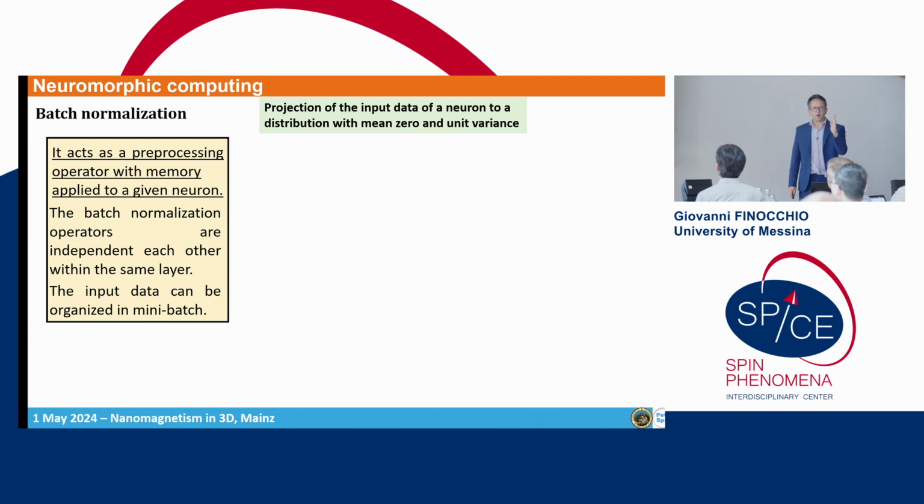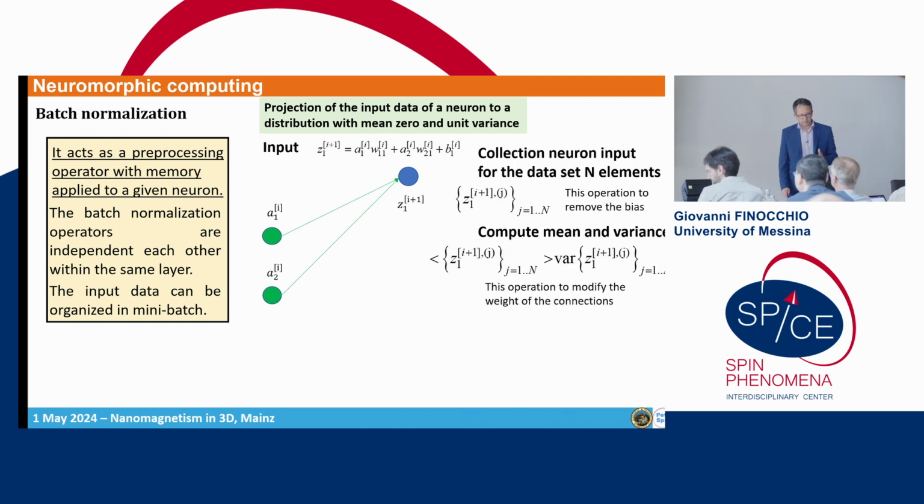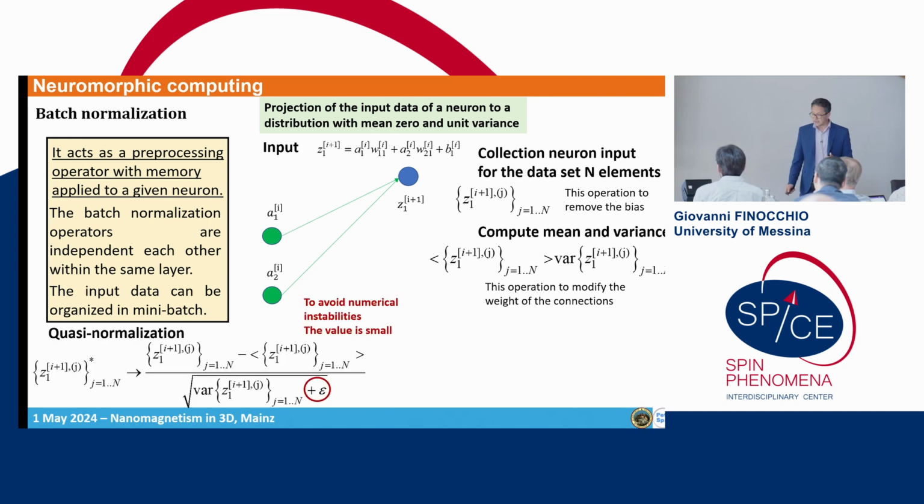Before your standard neuron, you have another neuron which collects all the inputs. So basically now you have a neuron with memory. And once you collect all the information, you calculate the average of all this information, and the variance. And then at the output of this neuron, you have basically a quasi-normalization procedure.